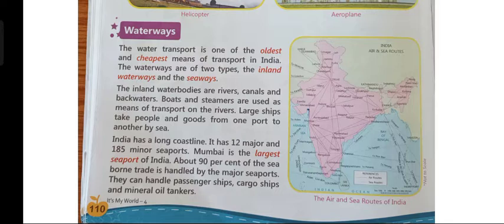Now, about 90% of the sea-borne trade, or trade through sea, is handled by the major seaports, and they can handle passenger ships, cargo ships, as well as mineral oil tankers. Now, children, cargo ships basically carry cargo or goods. Mineral oil tankers carry oil. So, this was about waterways.